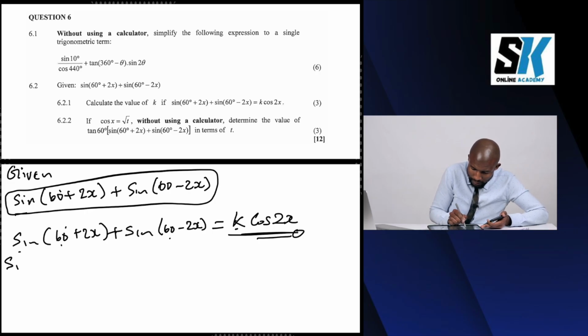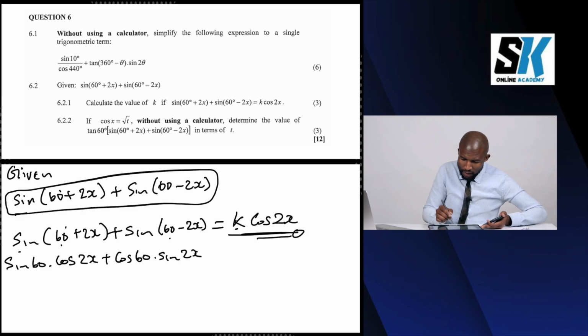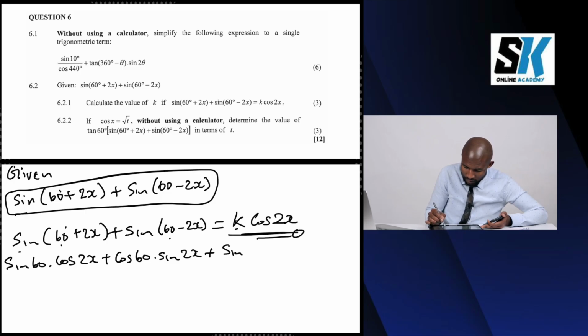So sine 60 times cos 2x, plus cos 60 times sine 2x, and then you're going to add, redo that again, so it's sine 60 cos 2x minus cos 60 times sine 2x.